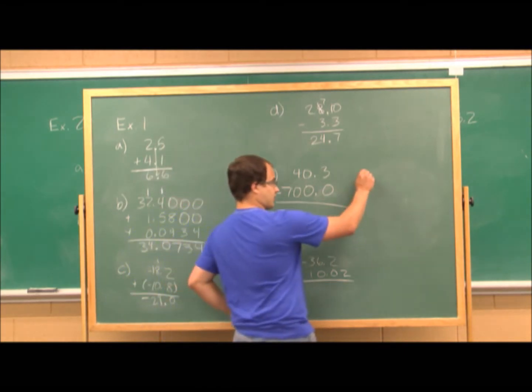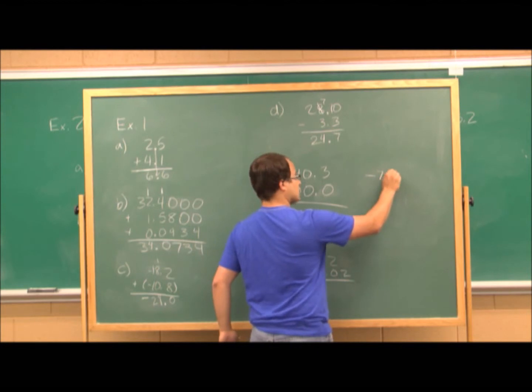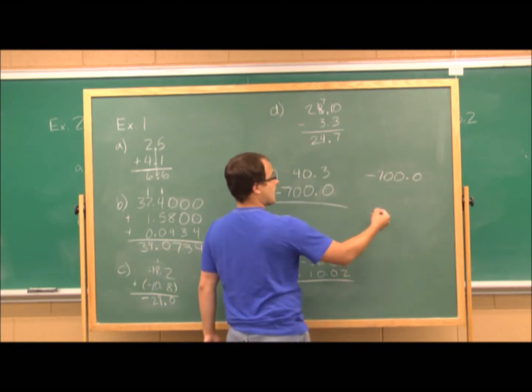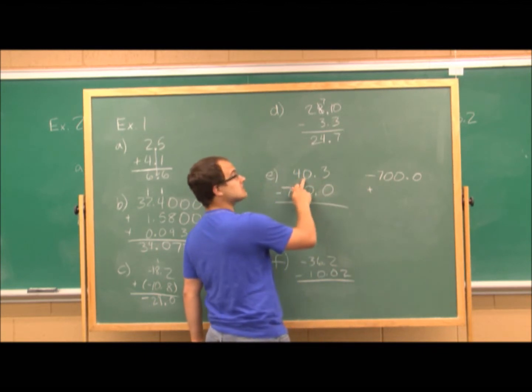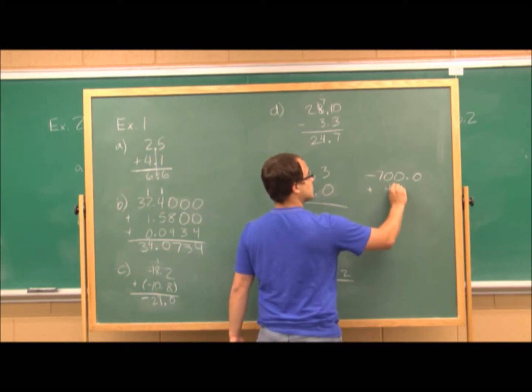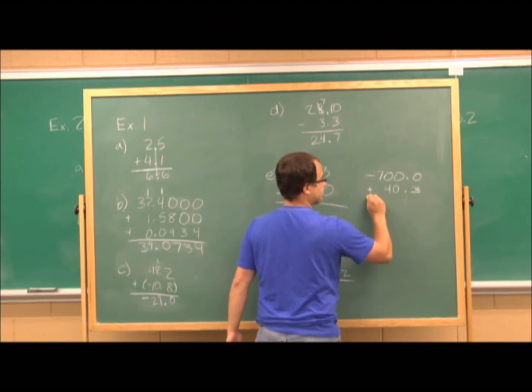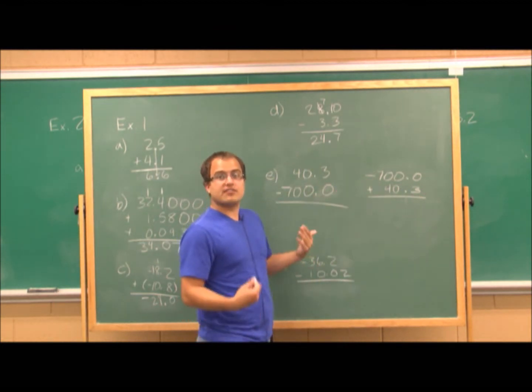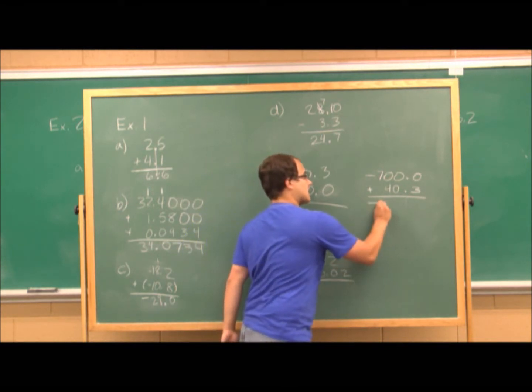So I'm just going to rewrite this over here. Negative 700. Don't forget the 0.0. Plus, because this is positive now, 40.3. Since the larger number is negative, my final answer is going to be negative.